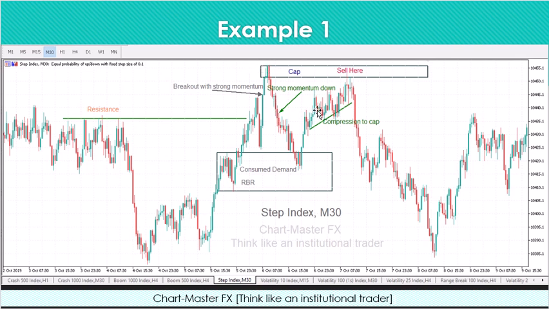So take note guys that all this data, if I can draw a cross section here, all this data to your left, you will be having it on your chart. You have seen this resistance being broken with strong momentum, and this base has been created.